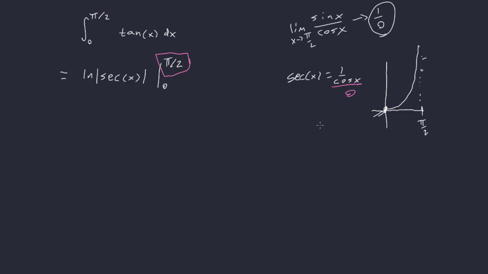Okay, so what we can do is introduce a limit, or we can just say, all right, we're approaching pi over 2 from the negative side. Okay, so officially what you need to do is just write the limit as a goes to pi over 2 from the negative side of the natural log of secant absolute value from 0 to pi over 2.